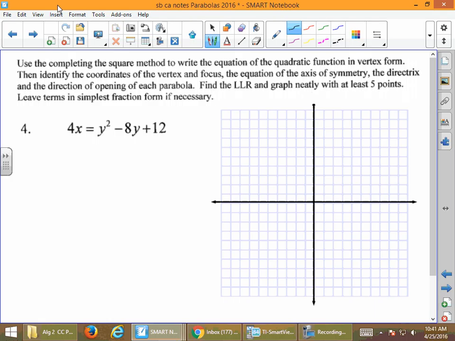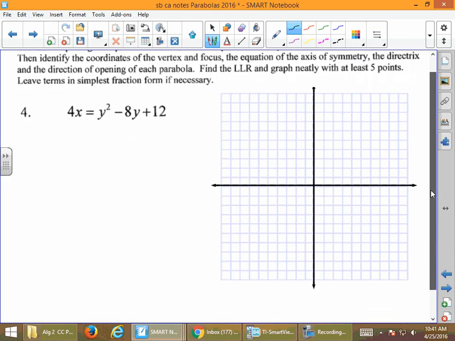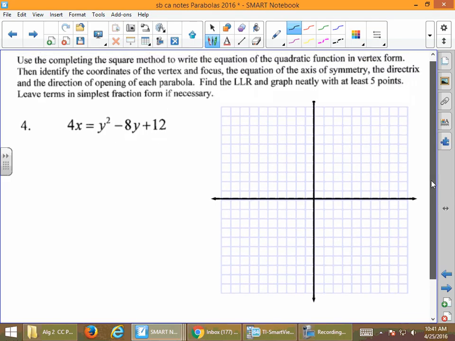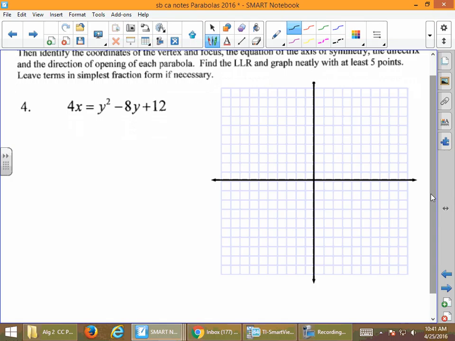But notice, 4x: x doesn't have an exponent on it, so this is going to be another x equals parabola, which are the ones that we haven't had a lot of experience with. Once we put this in vertex form, we will be able to identify all the different parts of the parabola from our chart, like we've been doing this entire time.